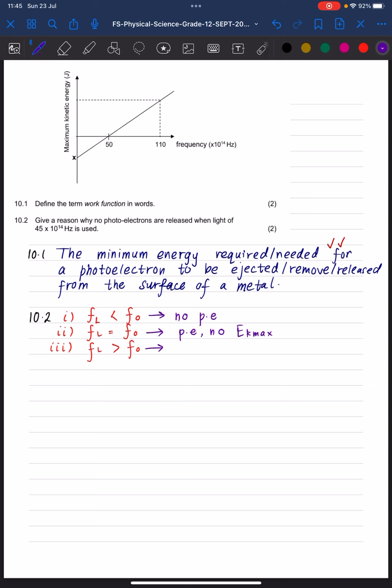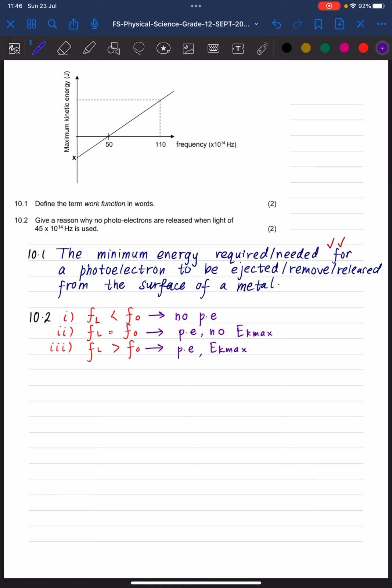So there will be no EK max. It will just be released, but it might not move as far as required. The last scenario is if your frequency of light is more than required, here there would be a photoelectric effect as well as some energy left over for EK max. So those are the three scenarios.